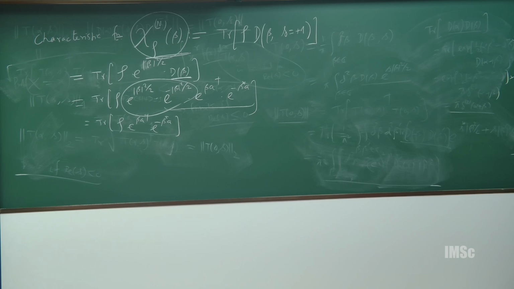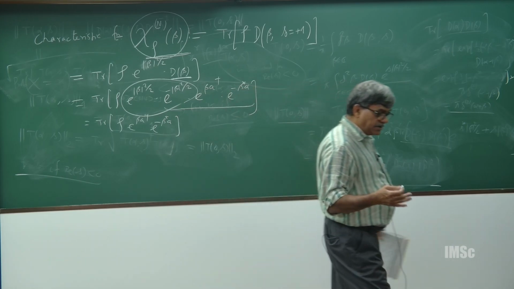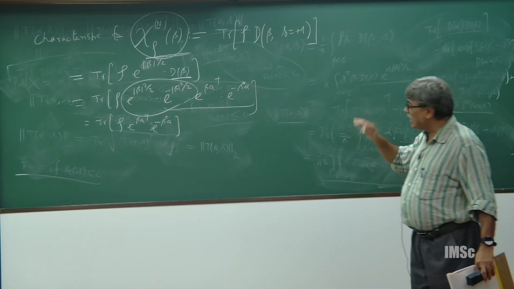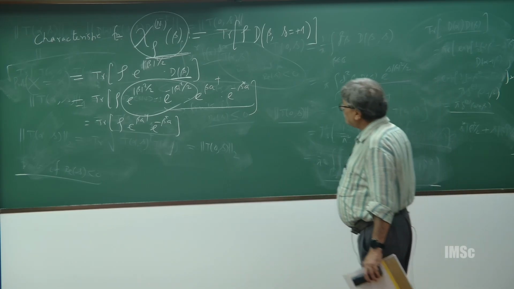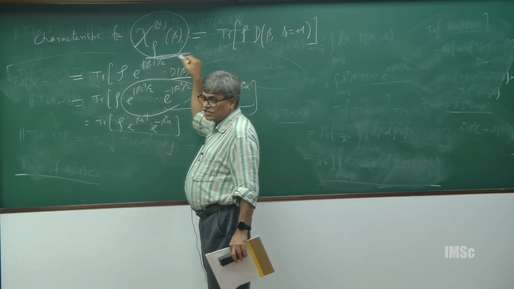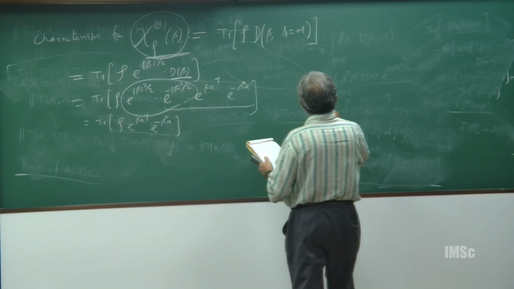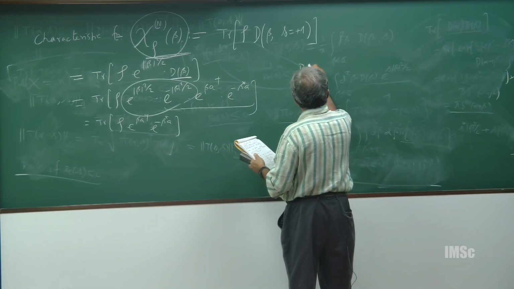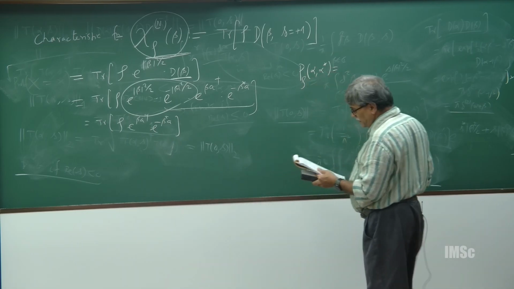Right. So now you have this characteristic function. Now, how do we go about the distribution function, as in classical probability theory? Basically, you look at the Fourier transform of this characteristic function, which will give you the distribution function. So you will call this the complex Fourier transform.